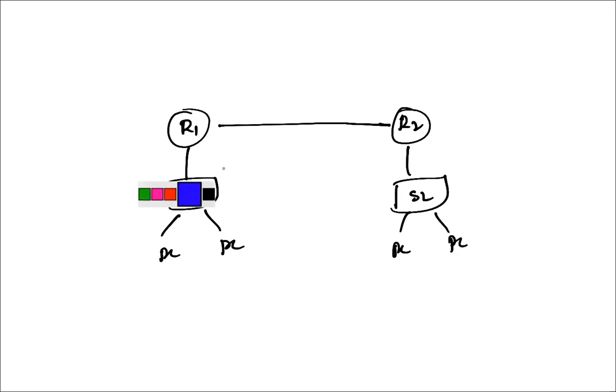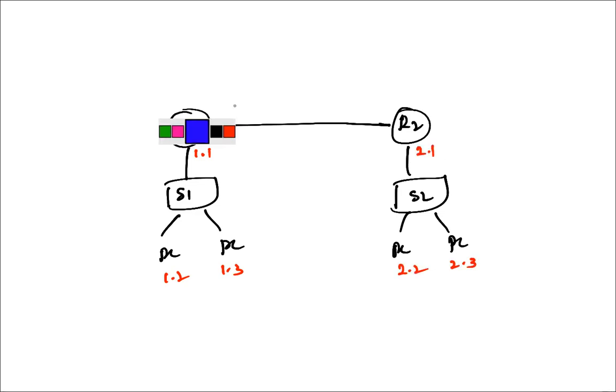Generally, how do we assign IP addresses? 1.1, 1.2, 1.3. Assume I have 2.1 here, 2.2, 2.3, and I have 3.1 here, 3.2. So these are the IP addresses I have.